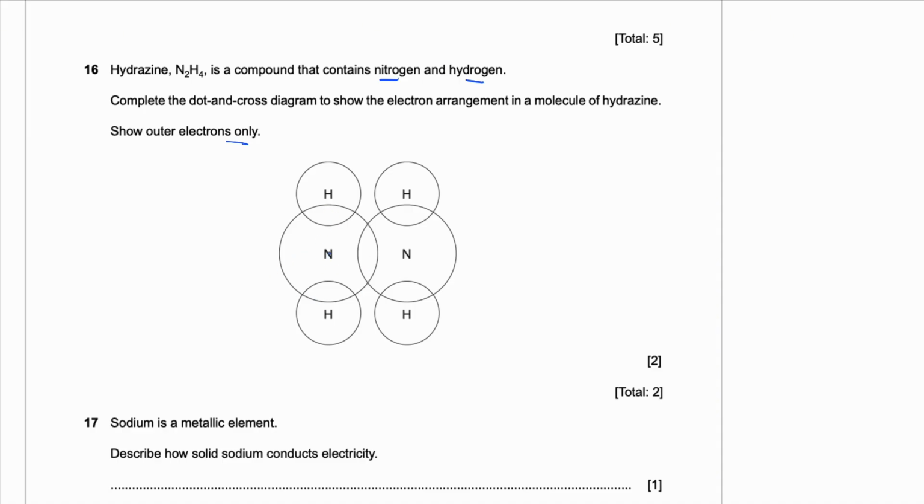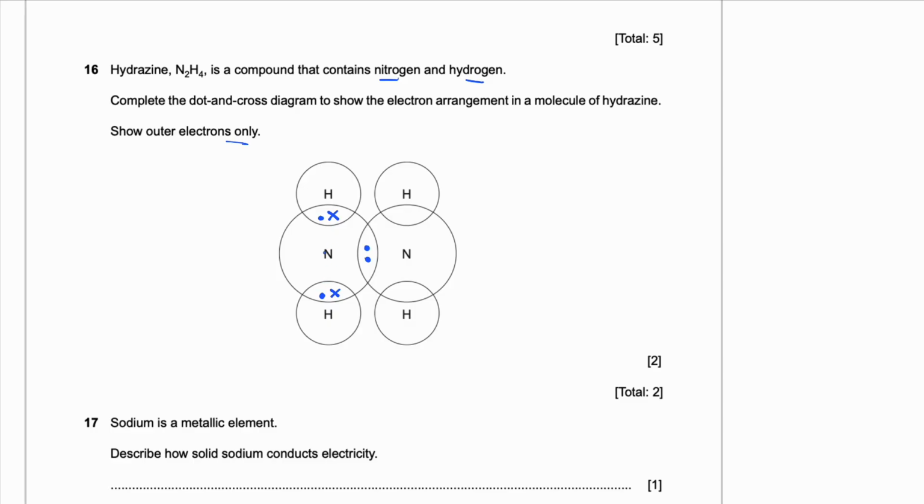Now I'm going to pick dot. That's my choice for nitrogen. You may pick cross. It depends on you. So I'm going to pick dot for nitrogen. So a dot from nitrogen is shared with a cross from hydrogen to make the first single bond. And a dot from that nitrogen is going to be shared with another dot because they are exactly the same type of atom. And here a dot from nitrogen with a cross from hydrogen.